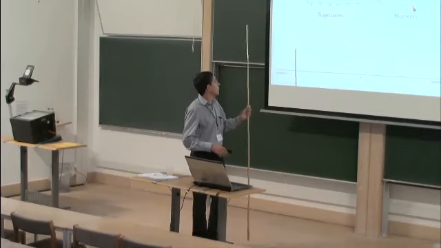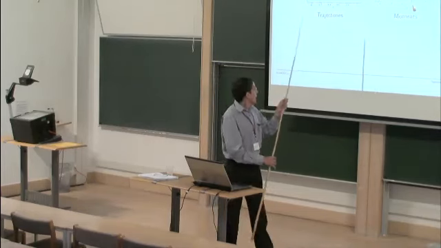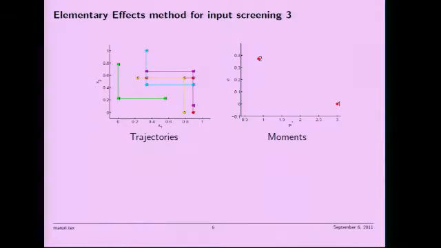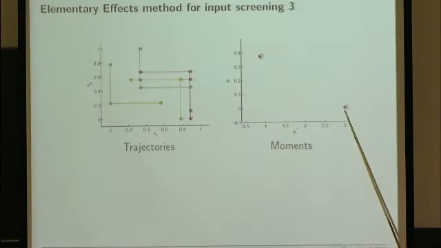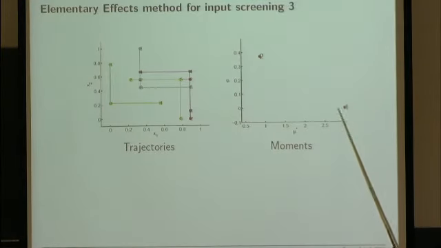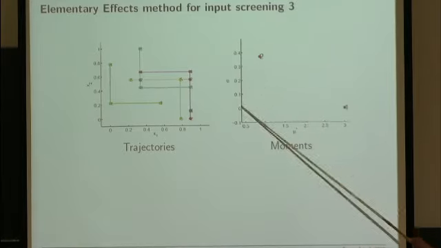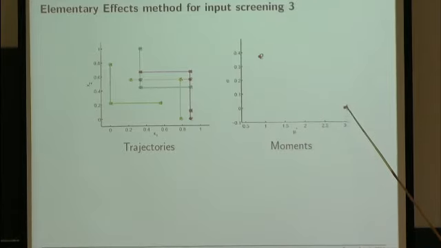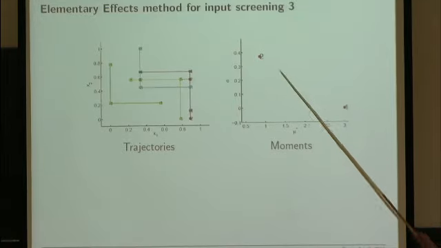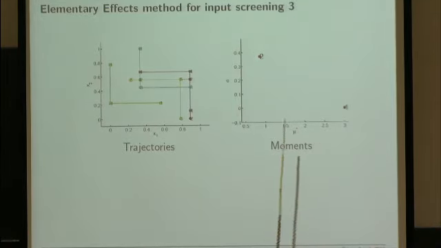That's no wonder at all. Good. At the end of these 5 trajectories, the moments are computed, and in the horizontal coordinate you have mu, and in the vertical you have sigma. So this corresponds to the moments of the elementary effects for the first input factor, for the second input factor.